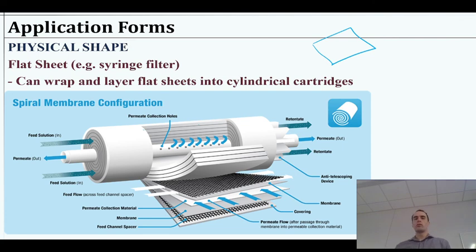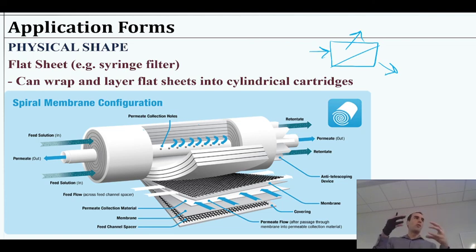You know, we certainly still have the ability to essentially cause our system to act like this, right? We have water coming in, water going through, and water not going through, right? So that's the whole system. It's just wrapped up in this, what we'd call a spiral bound membrane cartridge, or spiral wound.